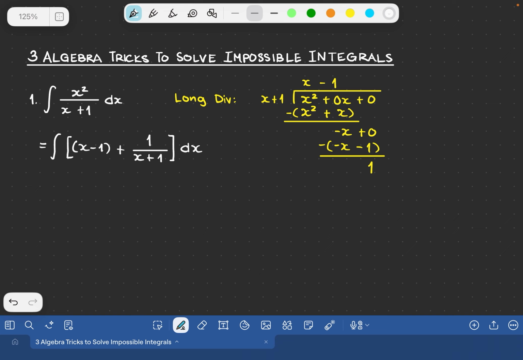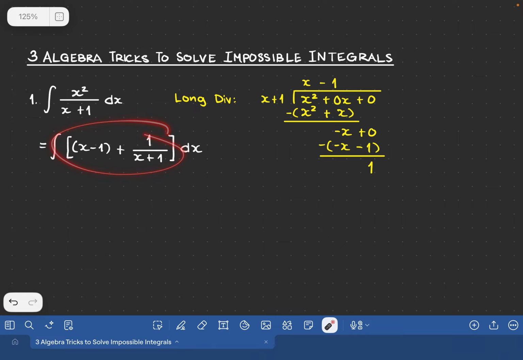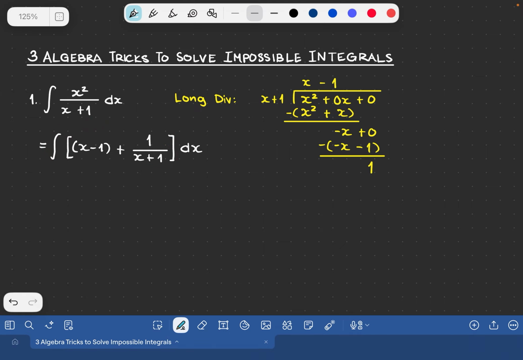There. So this is the simplified form of our given. Once we have this, it is now much easier to anti-differentiate. Let's put it here.